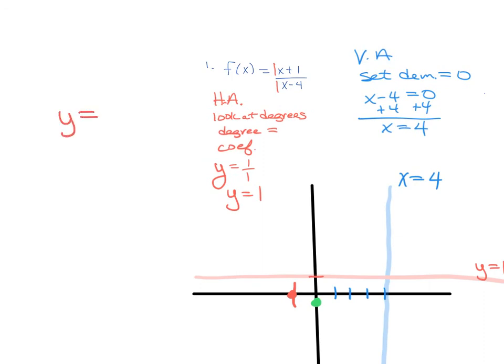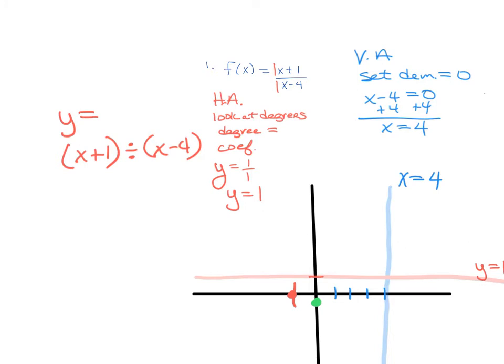Then when we go to enter it, we need to use parentheses. So we're going to do open parentheses, x plus 1, close the parentheses, divided by x minus 4. And these two expressions are in parentheses. If you do not put them in parentheses, it will not give you the same answer. Okay, so key that in your calculator.